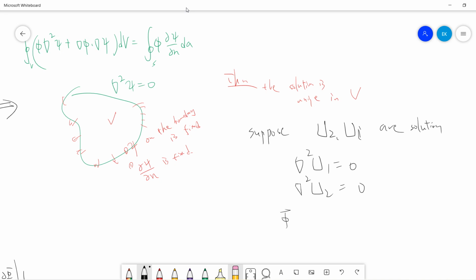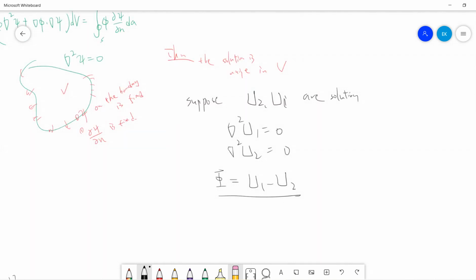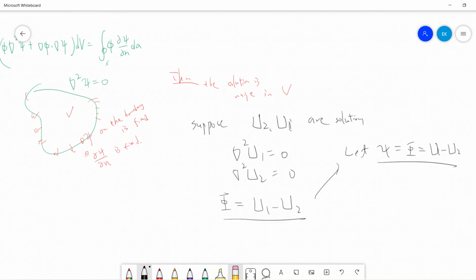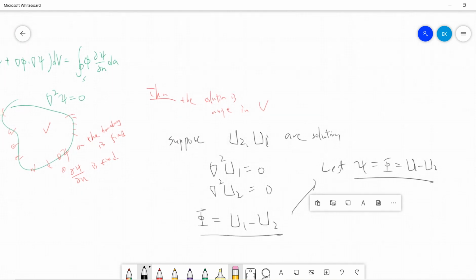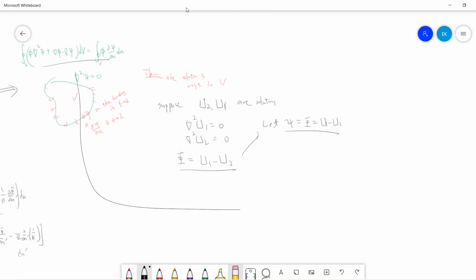So I can define a so-called large psi to be U1 minus U2, and I just let psi and phi equal U1 minus U2. The notation is a little bit unclear.